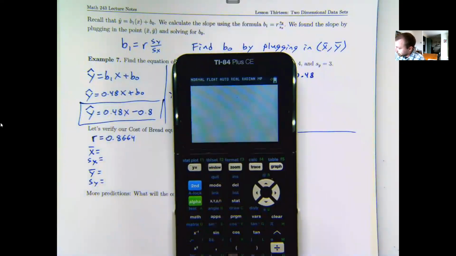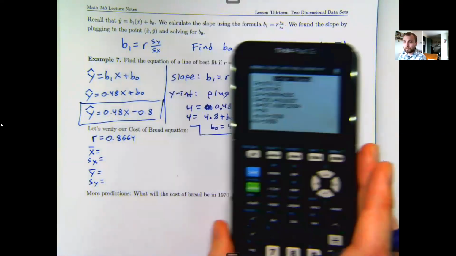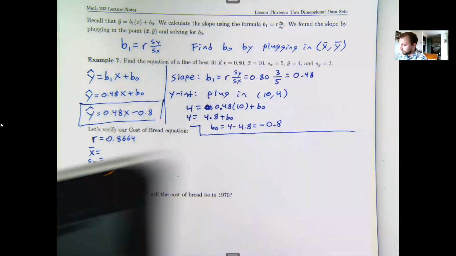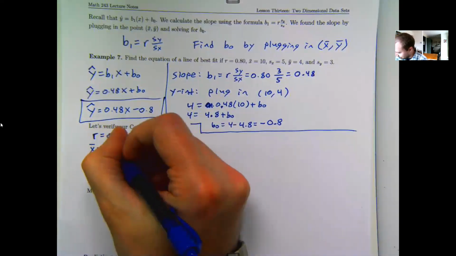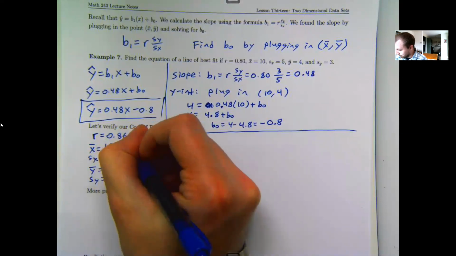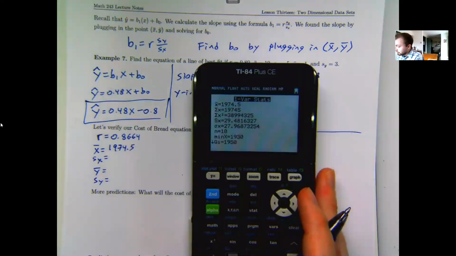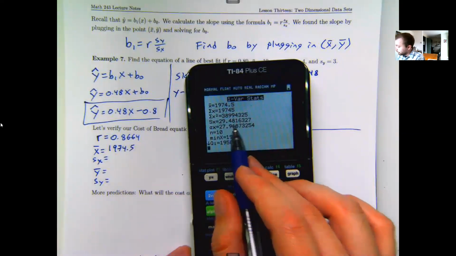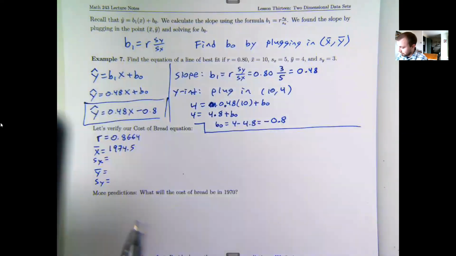I'm going to go down to Calculate, and this gives me the average year. And this seems reasonable. The middle of the years is probably about 1974.5. The standard deviation for the years is approximately 29.4816.